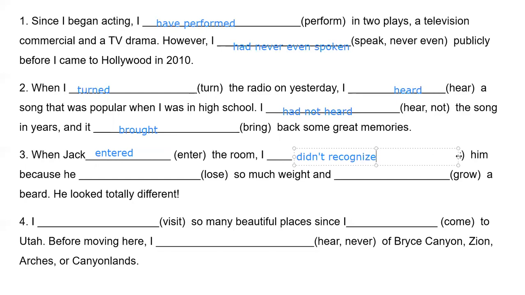I didn't recognize him because, notice the reason, because he lost weight and grew a beard. When do you think he lost the weight and grew the beard? Did it happen when he entered the room, suddenly he lost the weight and he grew the beard? No, this must have happened before entering the room. So these two verbs, the losing and the growing, are two verbs that happened before the entry. And so they must come in the past perfect.